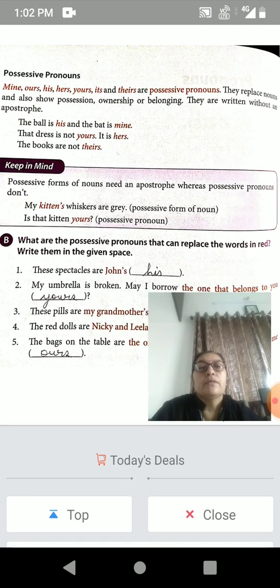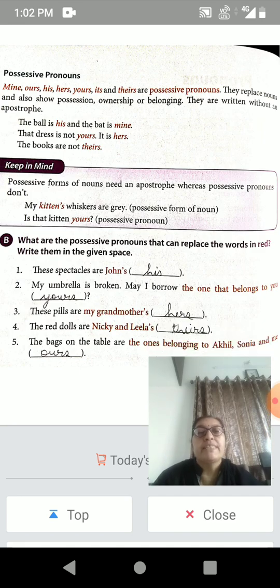Now we go as per possessive pronoun. Possessive pronouns means mine, ours, his, hers, yours, its and theirs are possessive pronouns.